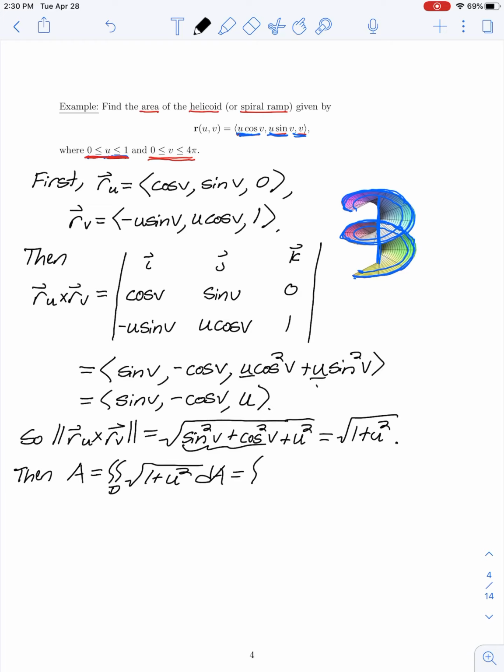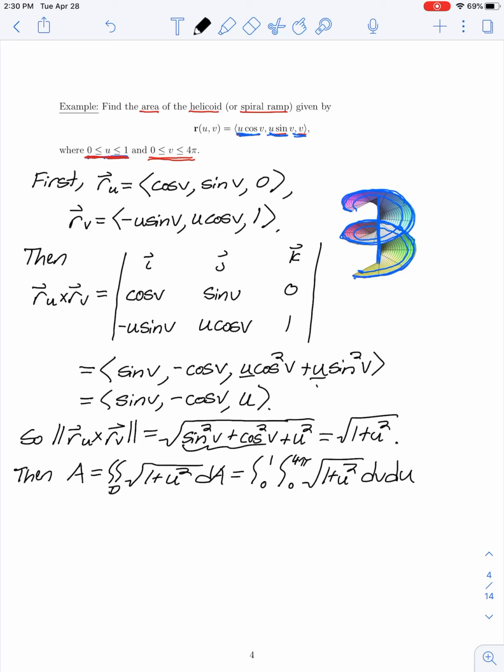So if we set this up, we have our outer integral with respect to u from 0 to 1, and our inner integral with respect to v would go from 0 to 4 pi. We are integrating the function the square root of 1 plus u squared in the order dv du here.